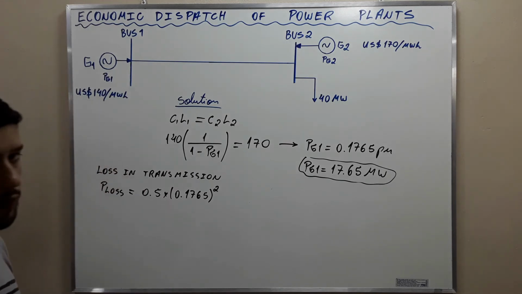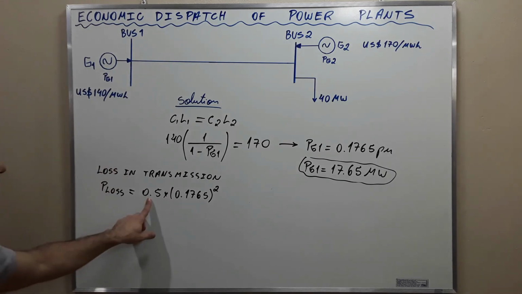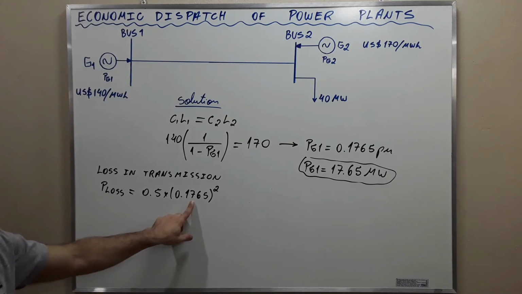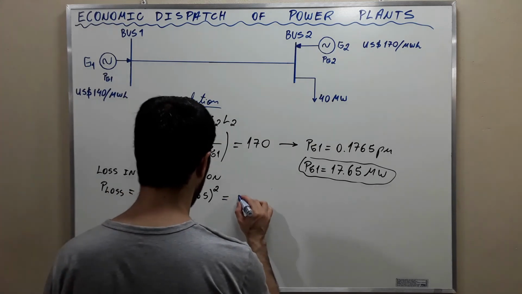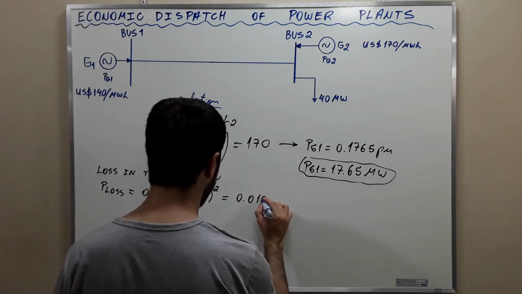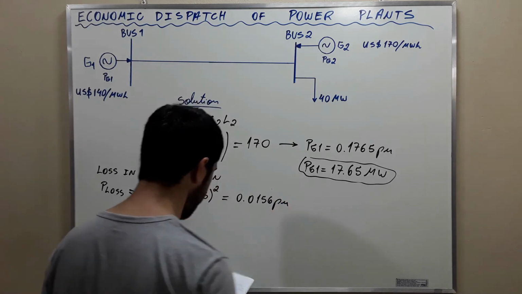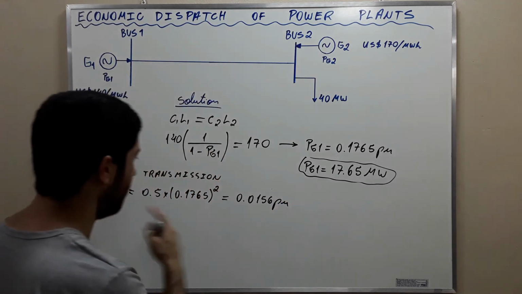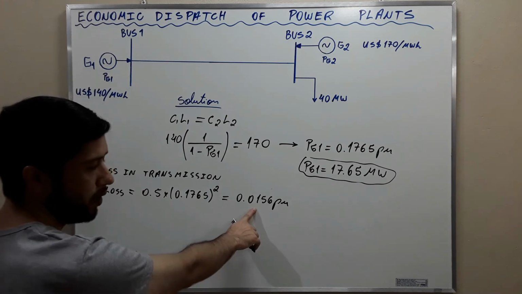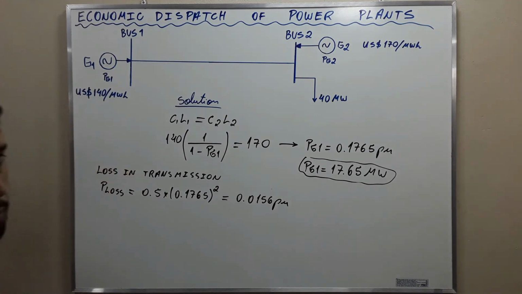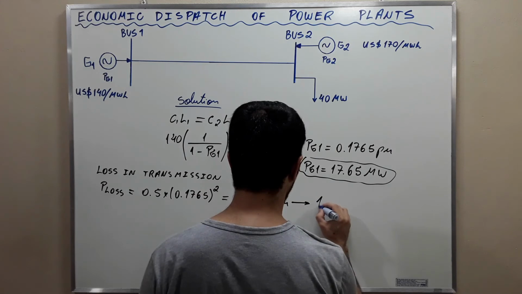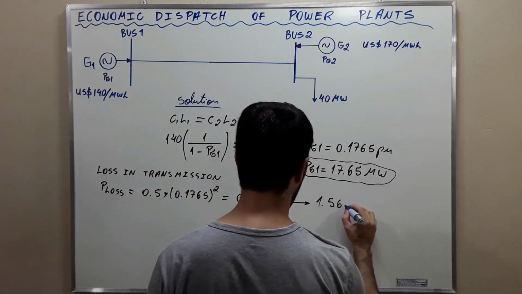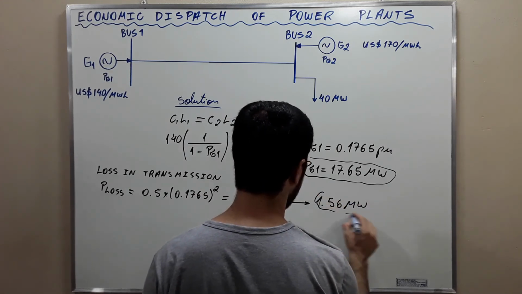The loss was given by the problem as 0.5 times the output power of generator 1 squared, which is equal to 0.0156 per unit. And if we multiply this in per unit by the base apparent power, which is 100 MVA, we get 1.56 megawatts, okay?